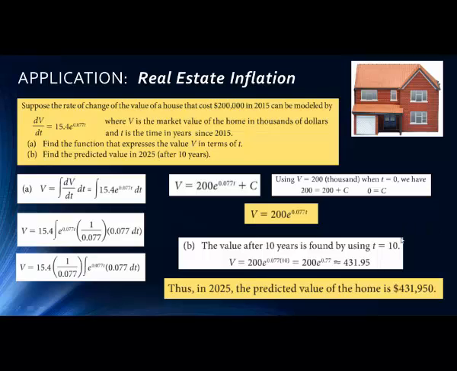Okay? So a couple things here. Remember that you have to figure out what the value for C is. If the problem does not give you a reference point, like it's telling you here that the functional value is 200,000 when t is 0 or time is 2015, what that means is there's a common sense answer for the reference point.